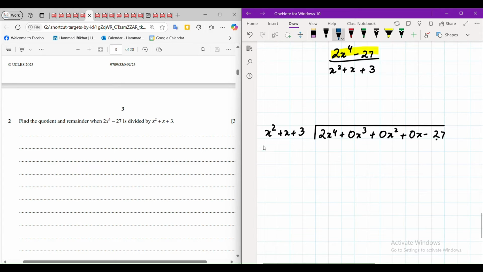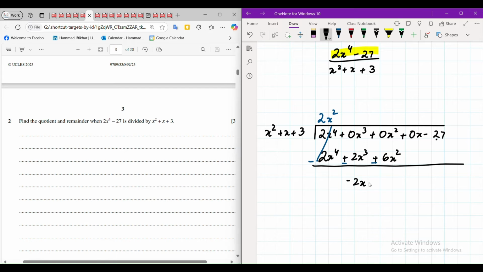Now, let's start off. To make it into 2x raised to power 4, we need to multiply with 2x squared. So 2x squared times the divisor becomes 2x raised to power 4 plus 2x cubed plus 6x squared. Subtracting, negative 2x cubed, negative 6x squared, and plus 0x.